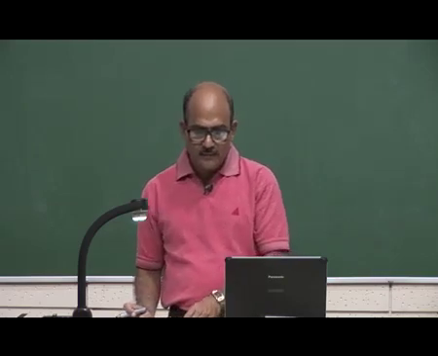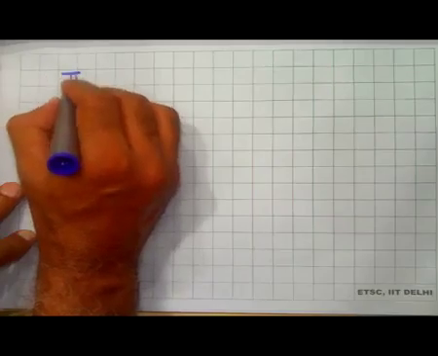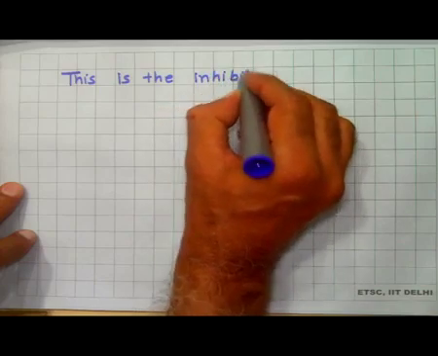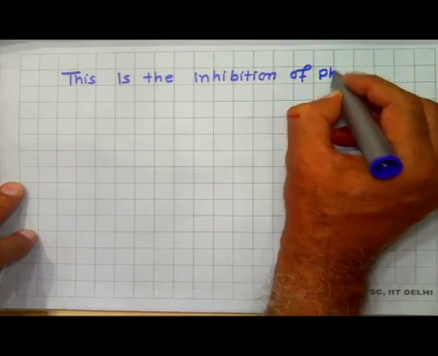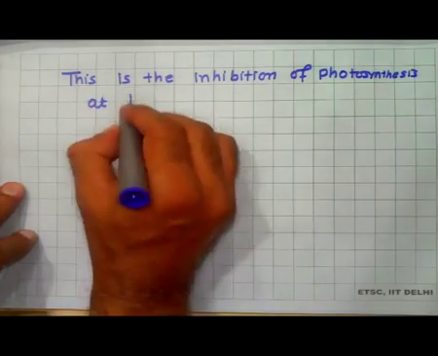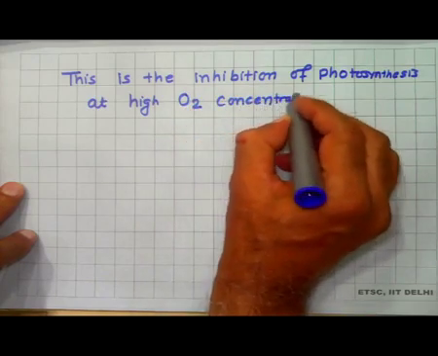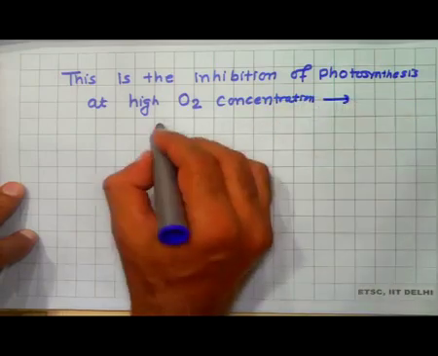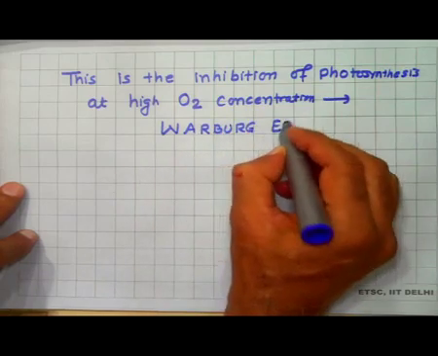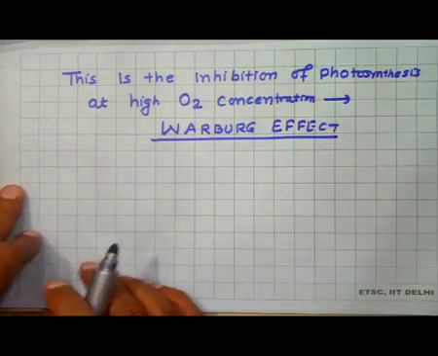So, we can define photorespiration as the inhibition of photosynthesis at high O2 concentration. This is also called the Warburg effect.